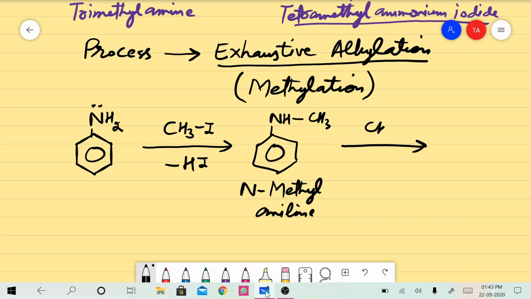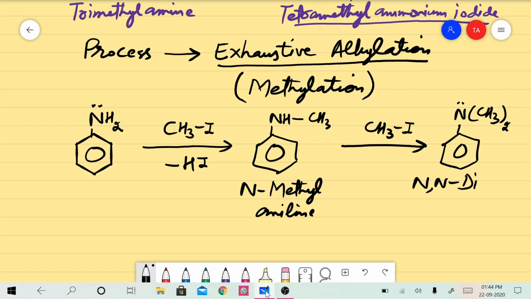N-methyl aniline is a secondary amine, and it reacts with another molecule of methyl iodide and forms a tertiary amine, which is N-dimethyl aniline.